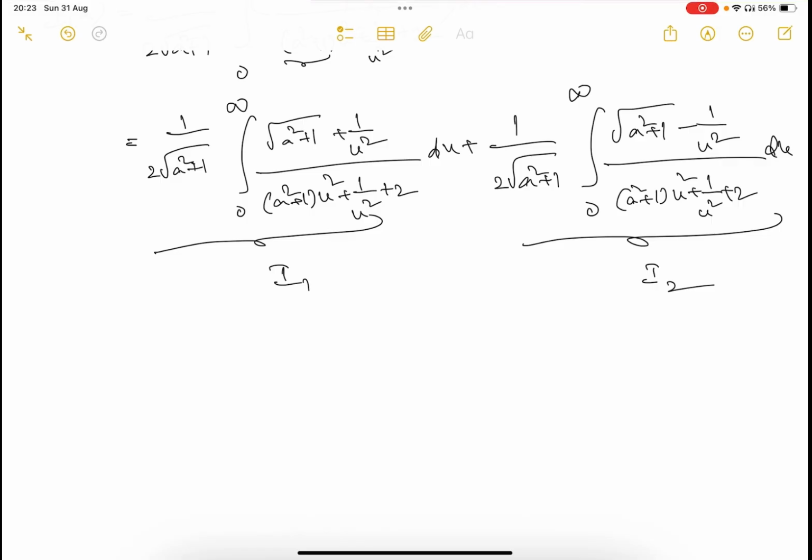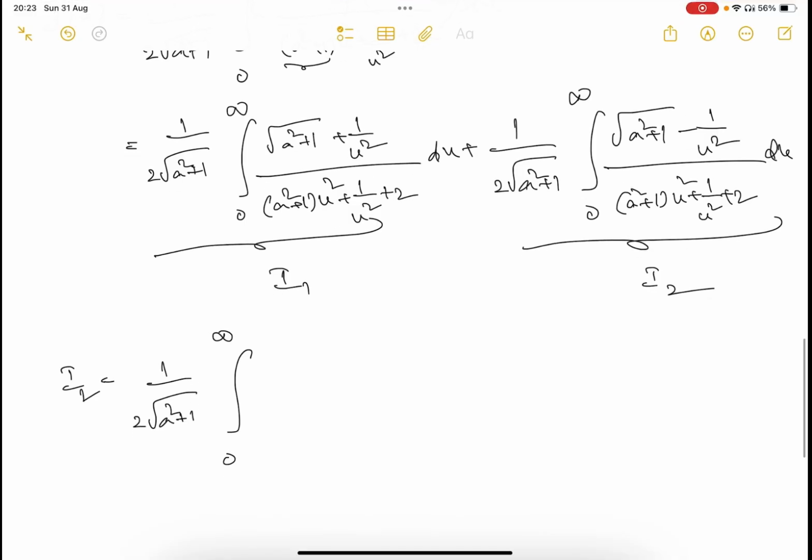Then let's calculate I2 first. This is 1 by 2 into root of a square plus 1, integral 0 to infinity. How can you write this? As you can see here, the numerator part can be written as d of u into root of a square plus 1, because root a square plus 1 is constant, you can keep it out, then it will be du, right?